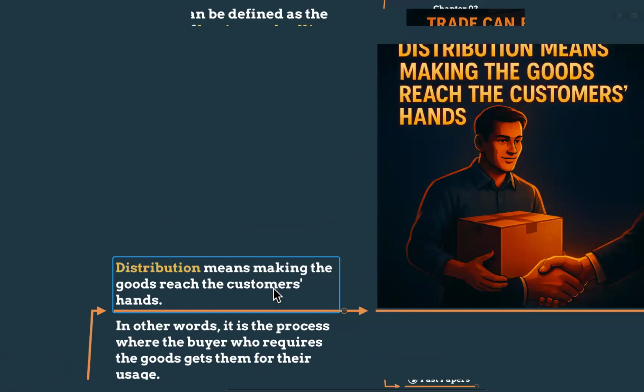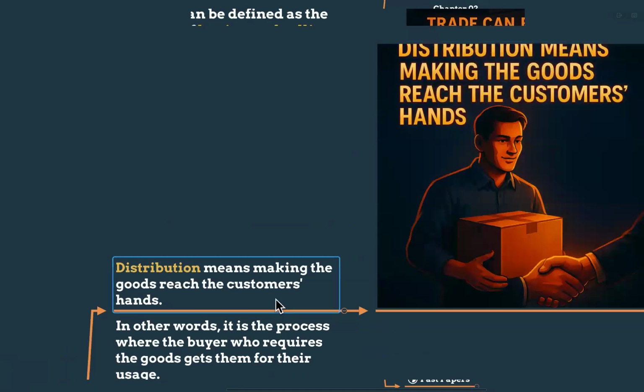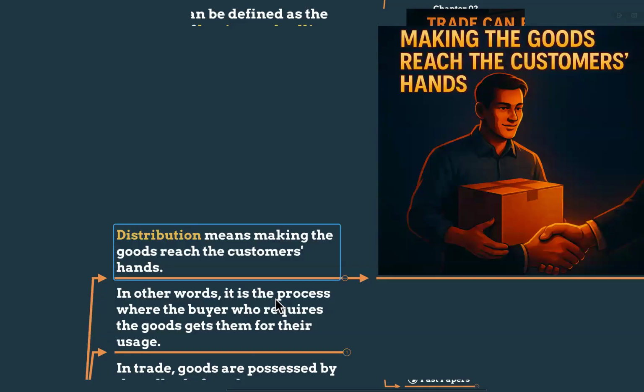It means we are going to understand how products physically move from producers to the consumers. So the distribution process is making the goods reach the customer's hands. It's the journey of products from the maker, from the manufacturer to the actual user, right?